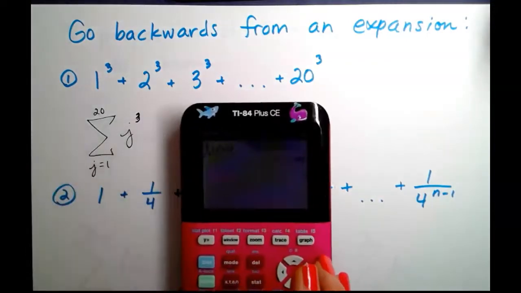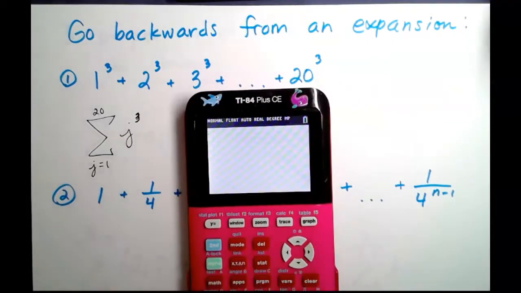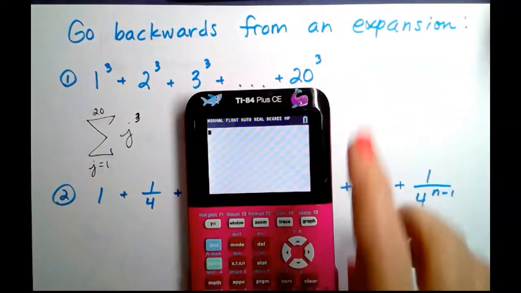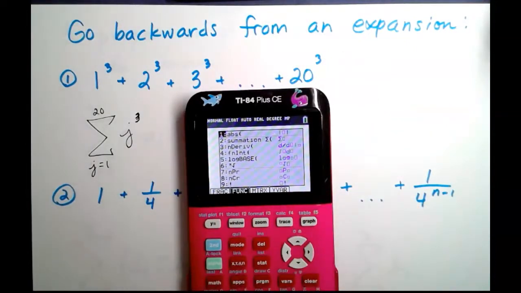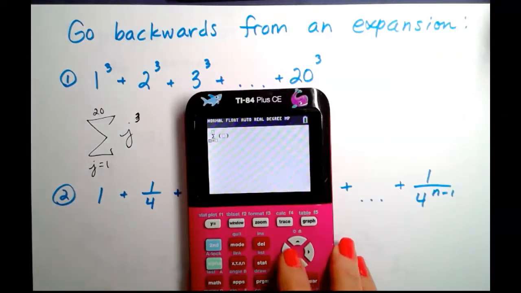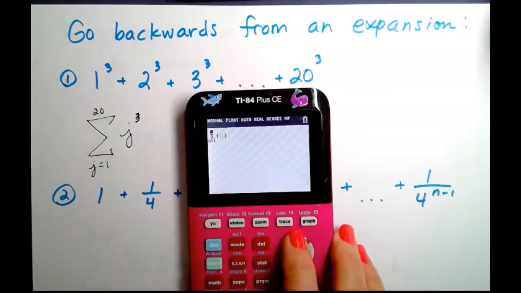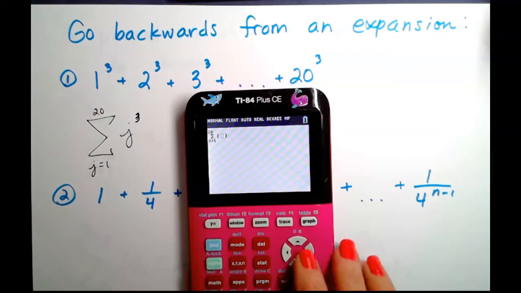And let's take a look at exactly what this summation would be if we added it all up. And I'm thinking it's going to get pretty large pretty quickly. So Alpha F2, go to our sigma notation, and let's fill in the pieces. So X equals 1. 1 is the lower limit. 20 is the upper limit.